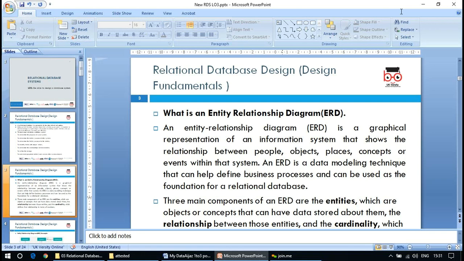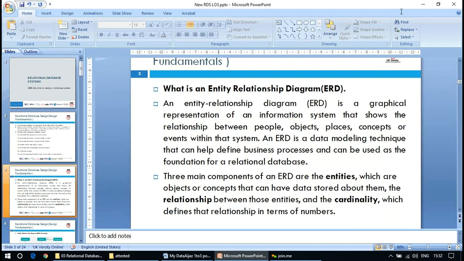Similarly, in a database you draw the architecture, the design of the database, using entity relationship diagrams. It is a graphical representation of information that shows the relationship between people, objects, places, concepts, or events within the system. Make sense?